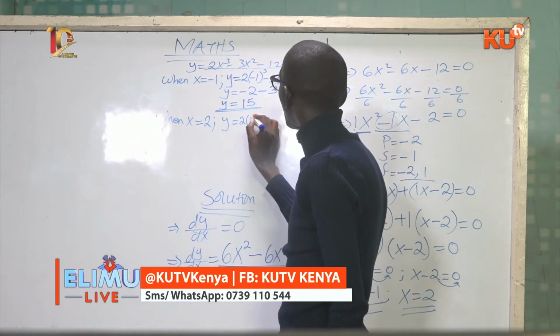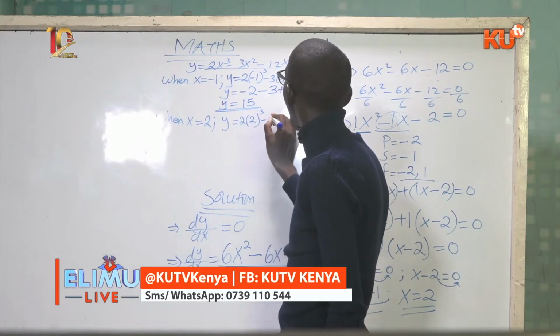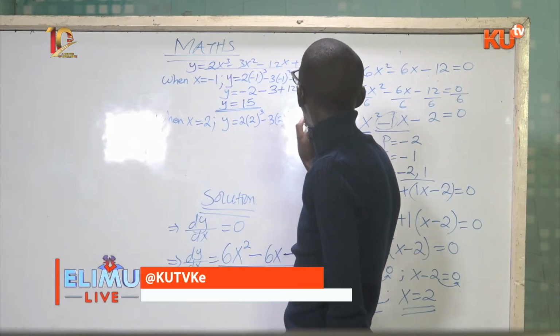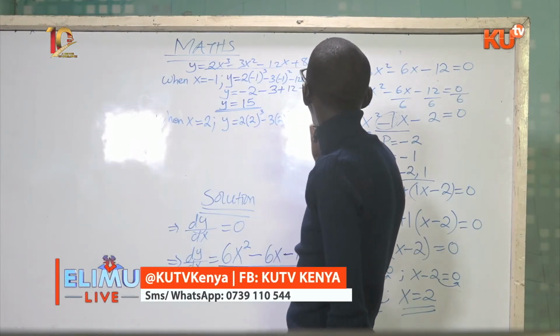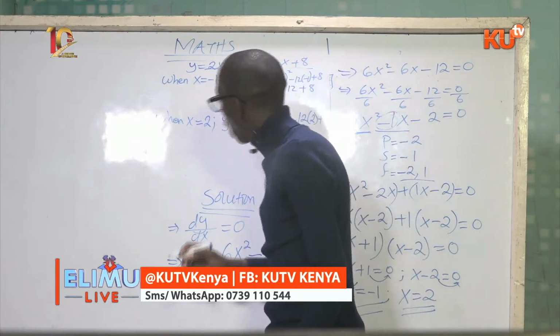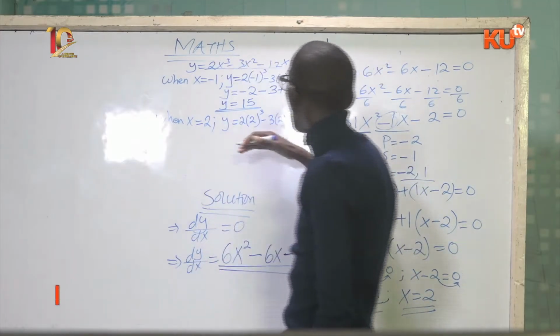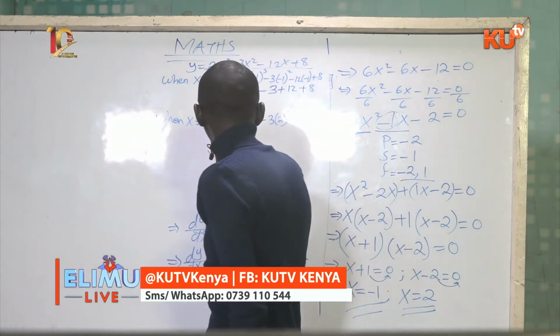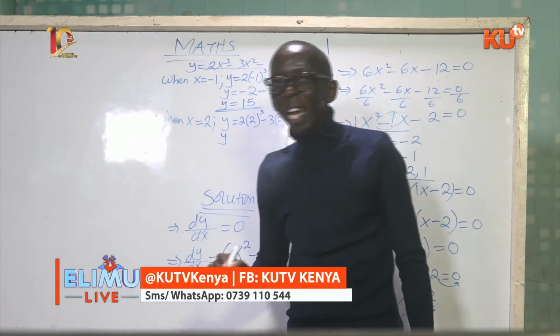So 2 cubed minus 3(2 squared) minus 12(2) plus 8. I have told you that you have your calculator, you just insert the values the way they are. But I am going to do them manually here.